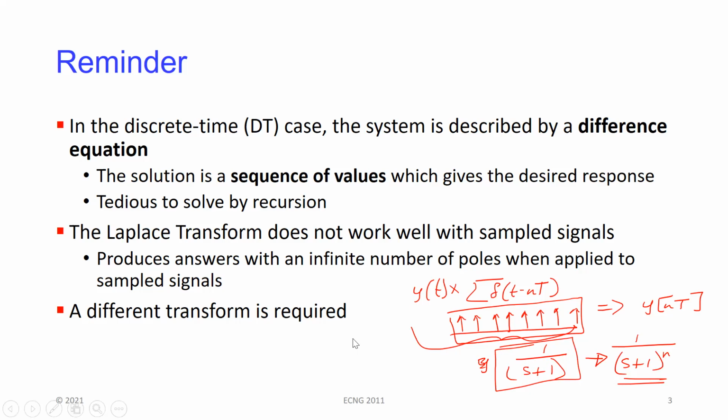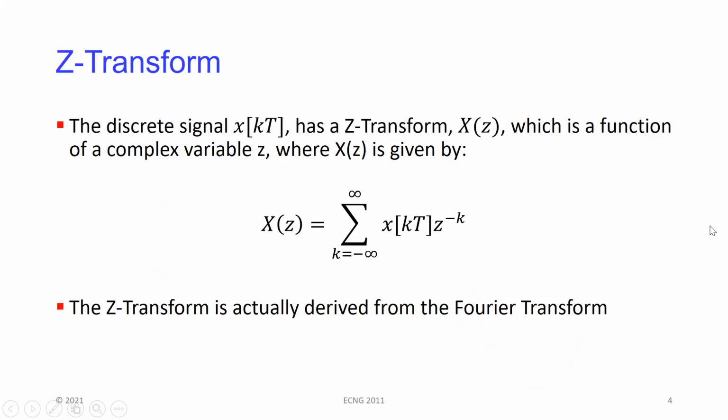So a different transform is required, and this is where this particular one came in. We said that this had to do with complex analysis. We didn't go into the derivation of this, neither did we go into the derivation of the Laplace transform, because of the mathematics involved. We were using the result. This particular transform is a function of a complex variable z.